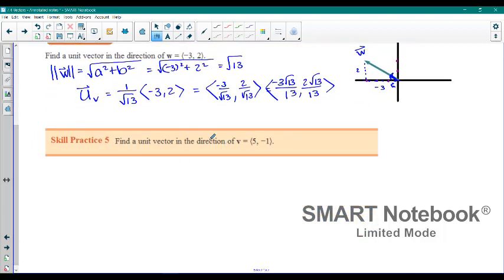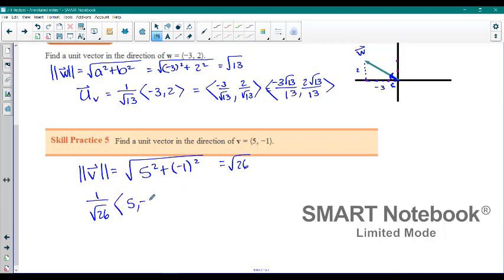So we want to find a unit vector in the direction of V. Well, first thing we need is the magnitude. So the magnitude of V is the square root of 5 squared plus negative 1 squared, which is the square root of 26. So I'll multiply 1 over square root of 26 times the vector 5, negative 1.